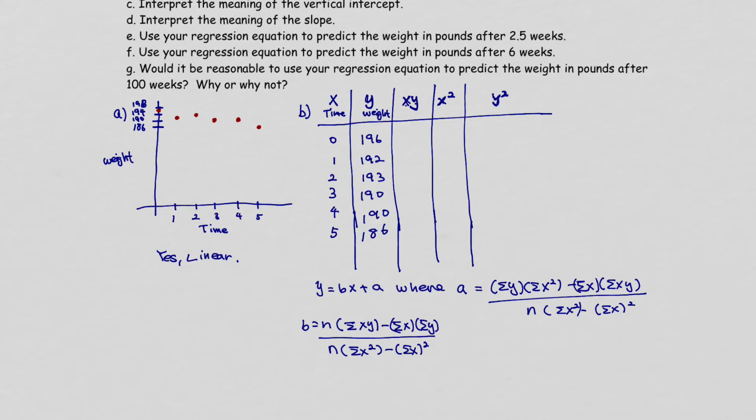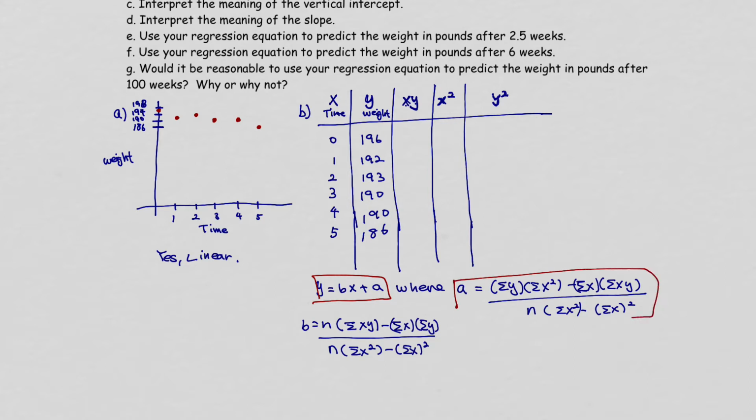X times Y, X squared, Y squared, all that, is because if we have y equals bx plus a, which is the linear equation's slope-intercept form, the a value right here should be found using this formula right here. And this is the formula to find linear equations, right?